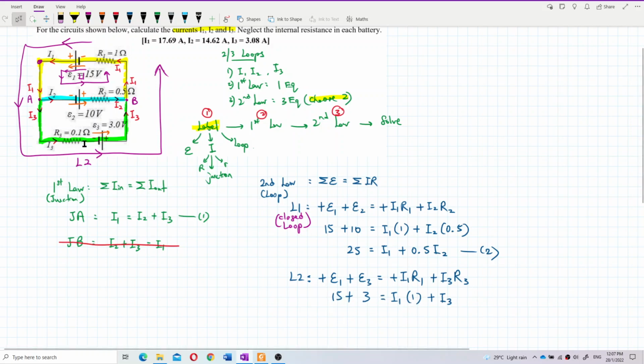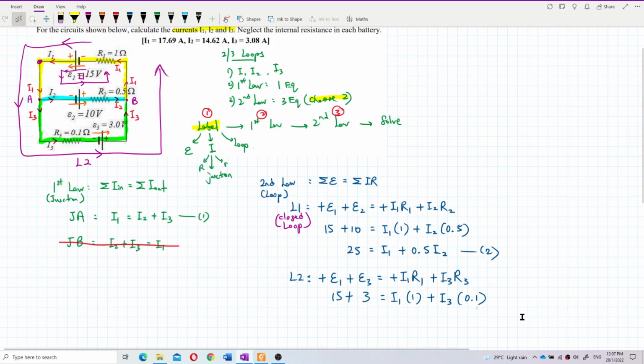R3 is 0.1 ohm. Okay, so I have substituted all the values already.